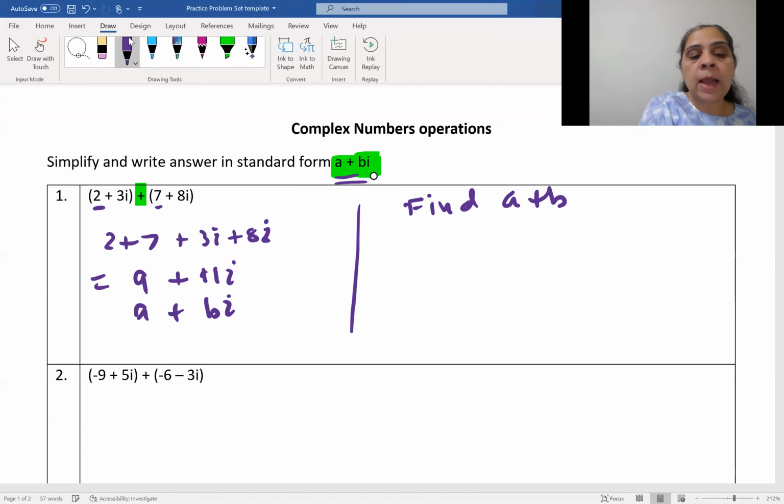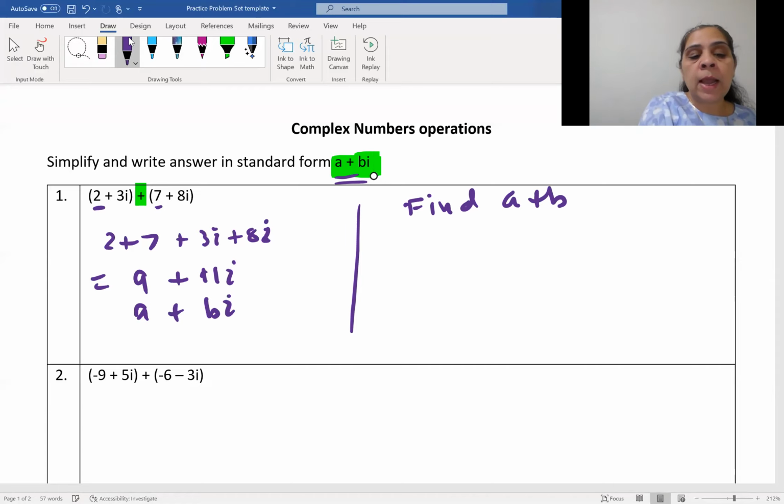Let's see the next one. You can try to do this. Pause the video and try it. All right, let's see. Did you complete this problem? I'm pretty sure you did. First, we check what operation we have between the two complex numbers. We have addition. So what are my steps? Combine like terms.